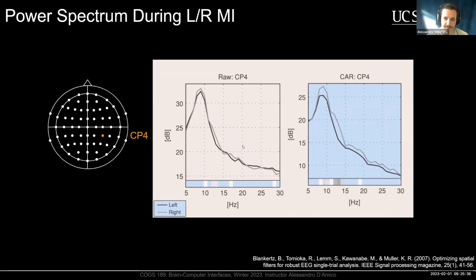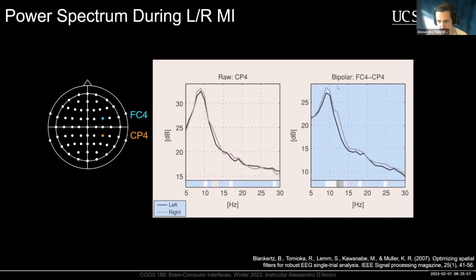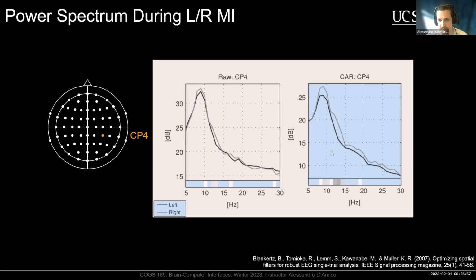We can also compare this to the common average reference. So before I go on to a tangent about that, I just wanted to show you that this also increases discriminability, and we're also starting to see that change across the power spectrum. So if we look at just bipolar, we're seeing some areas where both of our lines are intersecting, but then once we get to common average reference, pretty much starting at 10 hertz, the power spectra are completely separated.